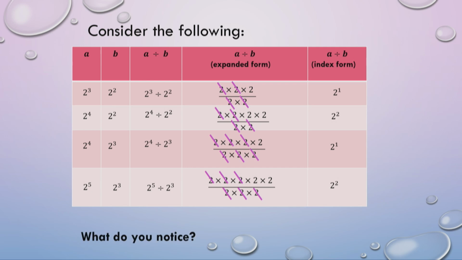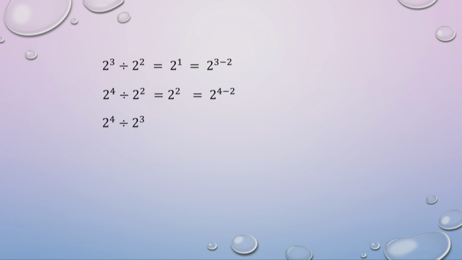So again, what do you notice from this table? 2 to the power of 3 divided by 2 to the power of 2 gave me 2 to the power of 1, that is 2 to the power of 3 minus 2. 2 to the power of 4 divided by 2 to the power of 2 gave me as answer 2 to the power of 2, that is 2 to the power of 4 minus 2. 2 to the power of 4 divided by 2 to the power of 3 gave us answer 2 to the power of 1, that is 2 to the power of 4 minus 3.